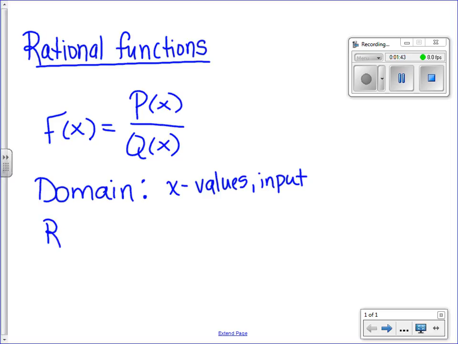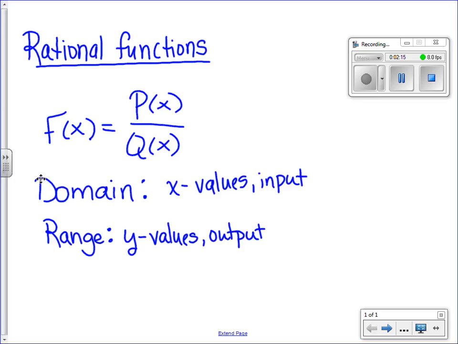And what's range? Okay, so if the domain is the x values, the range is the y values.